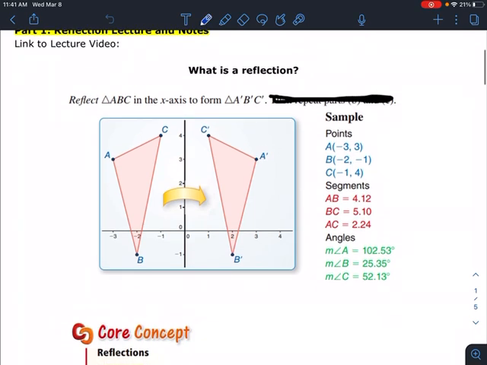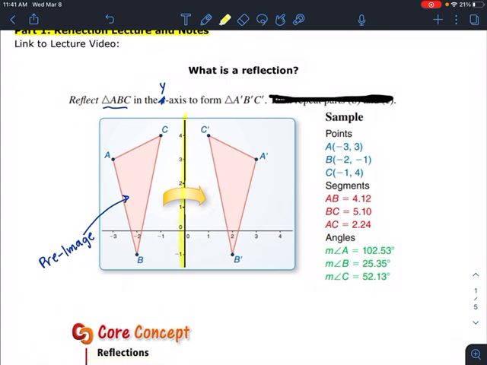Okay, so we're going to take a look at this diagram, which shows us an example of triangle ABC. This triangle right here, we're going to label as the pre-image, being reflected across the, or actually, I'm sorry, this should say the y-axis, not the x-axis, because what's happening is you're reflecting across this line right here.